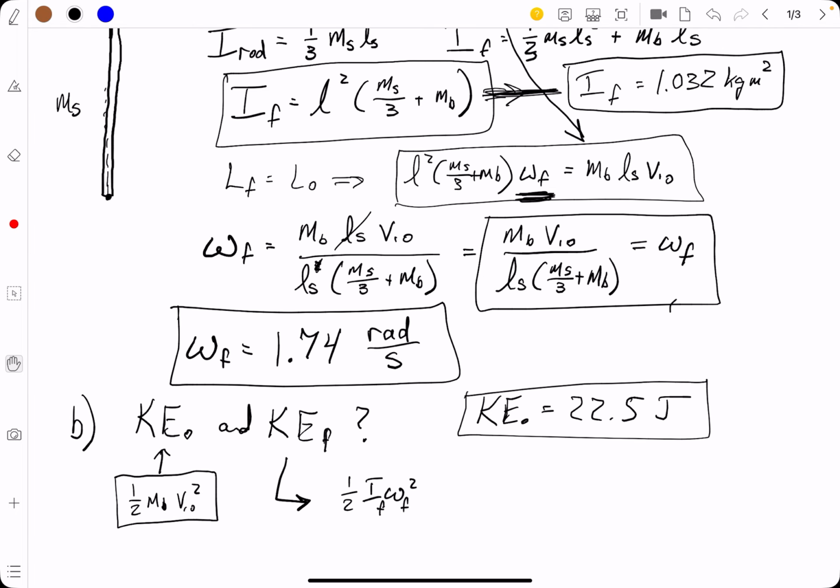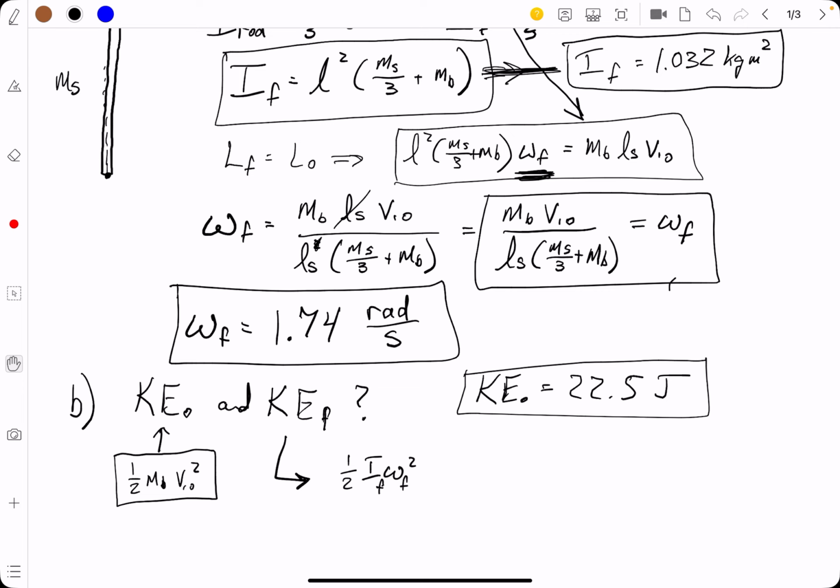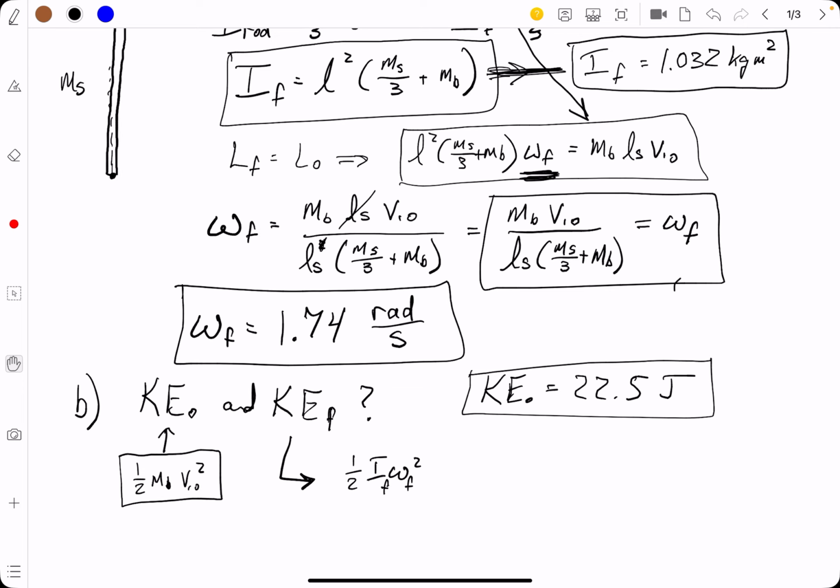What else do we need? Oh, we already know omega final. So let's put it all together. We've got 1/2, we've got 1.032, and we're going to square 1.74. And that equals a number, and it is 1.57 times 10 to the 3 joules.